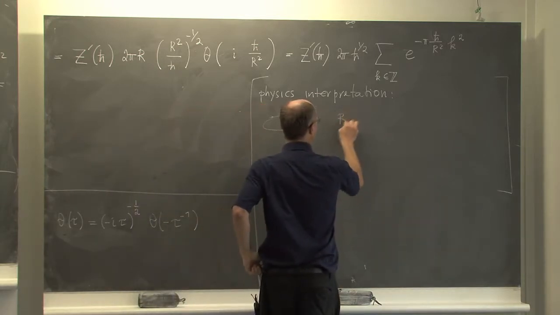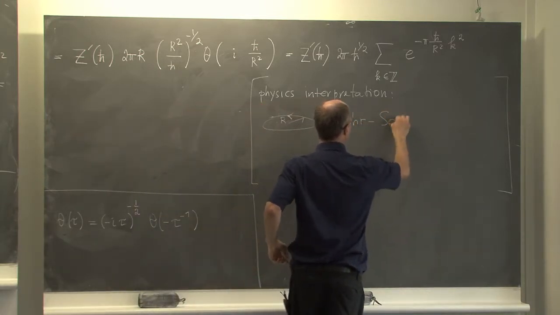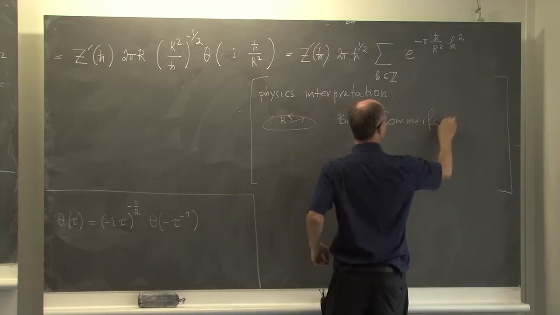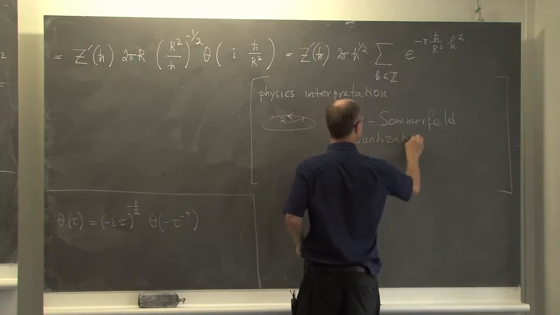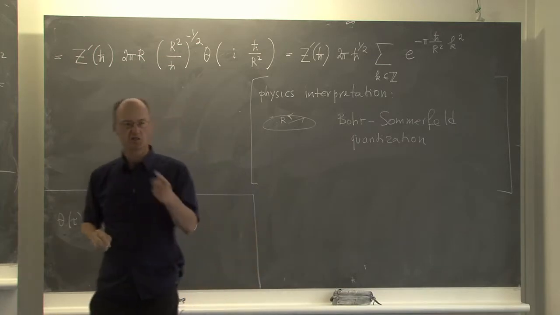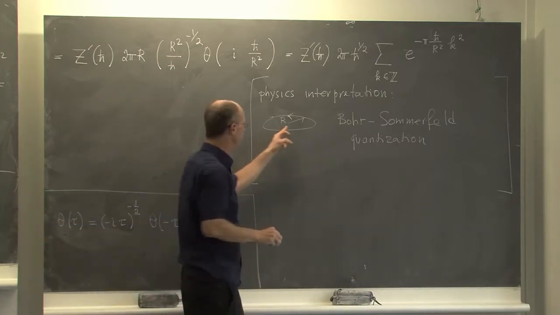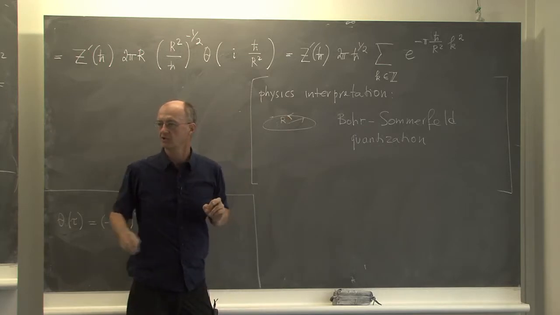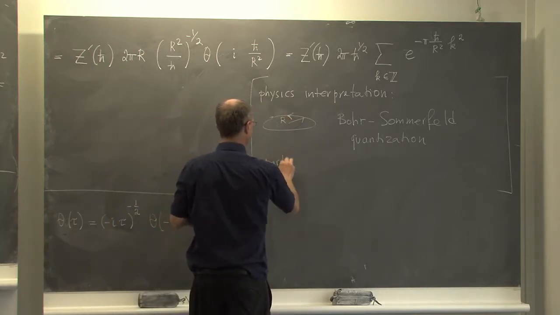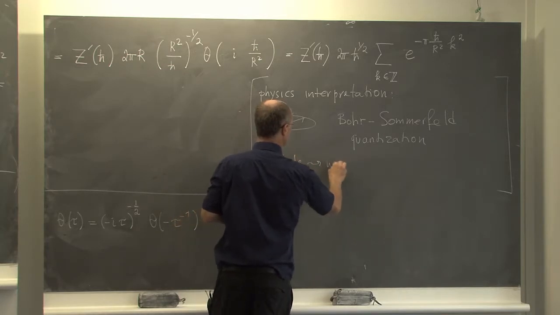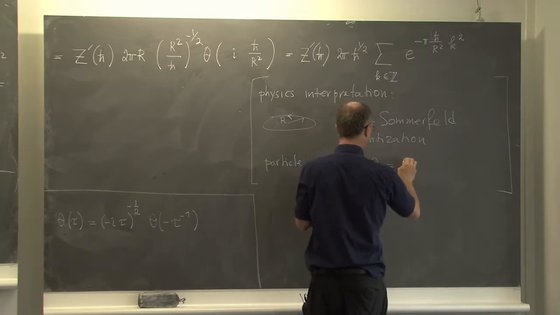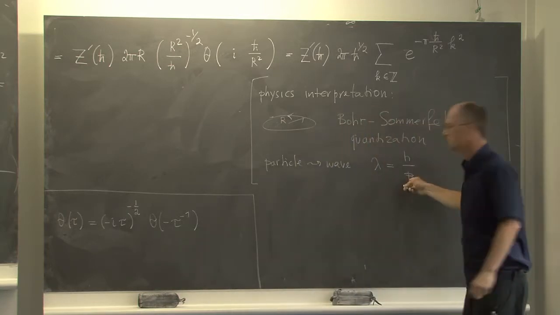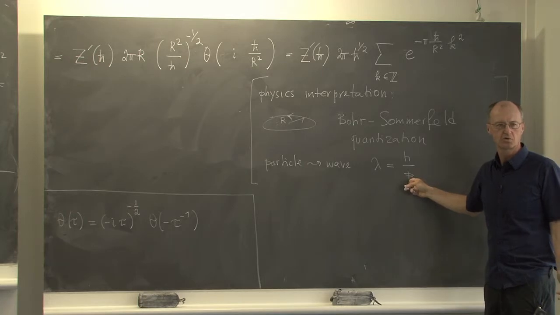Even before there was quantum mechanics, there was this Bohr-Sommerfeld quantization, which was saying that you associate a wave to a particle, right? The wavelength of this wave will be something like h divided by the momentum of the particle.